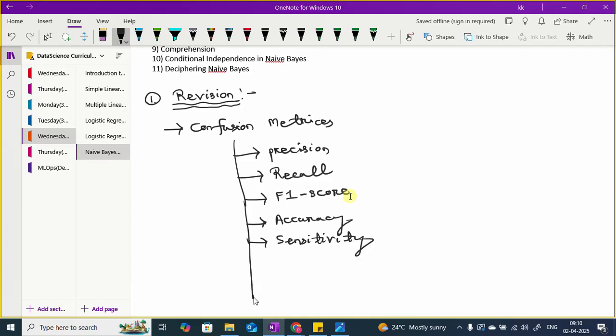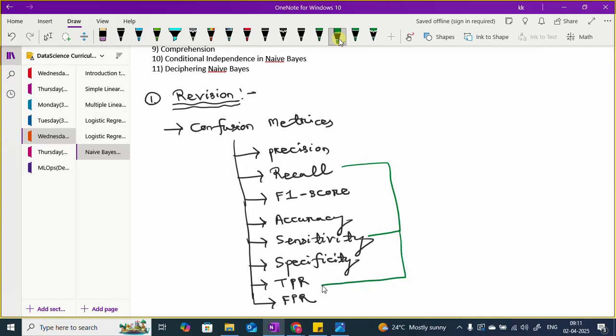We have seen specificity. Then we have seen TPR, true positive rate. Then we have seen FPR, false positive rate. Yes, correct. And we have also derived in the last class that recall, sensitivity, and TPR are all the same. TPR, true positive rate, sensitivity, and recall are the same. Right?